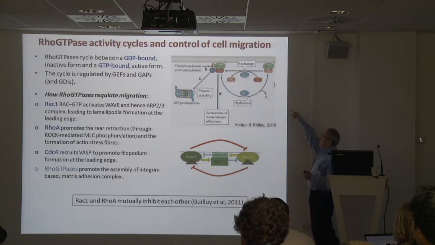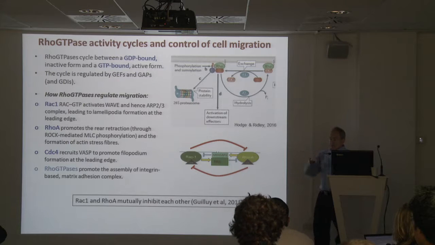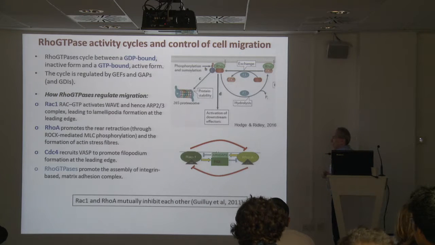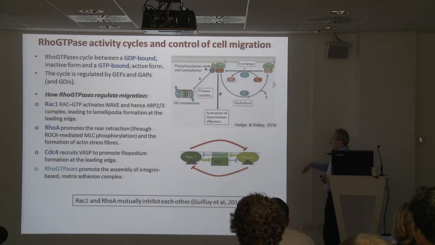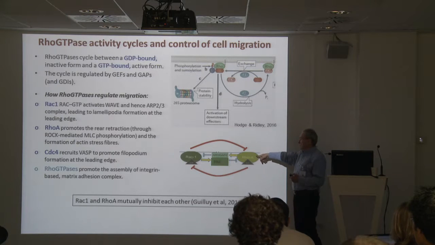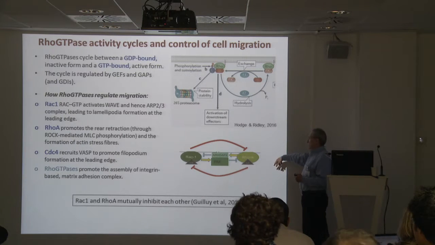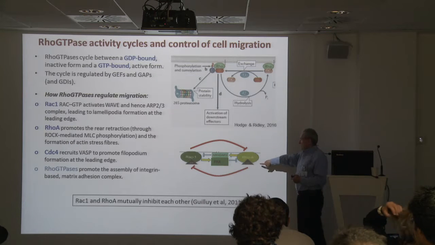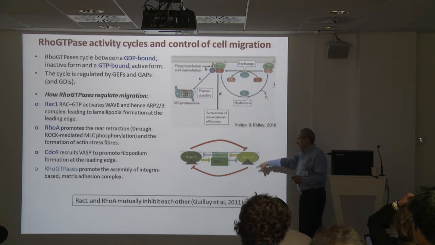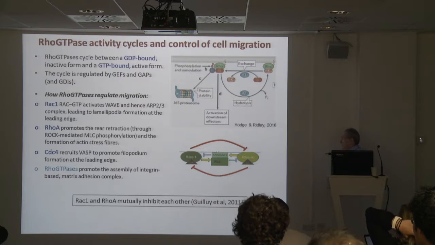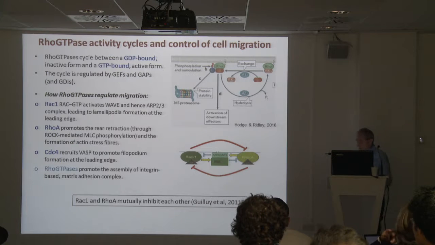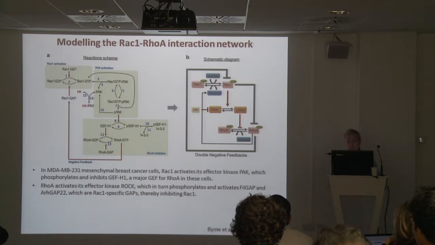And this transition, again like in the case of kinase and phosphatase, is done by two pairs of proteins, called GEFs and GAPs. So there is a network of RAC and RHOA. There are two small GTPases, with mutual inhibition between them, and this somehow regulates cellular motility.